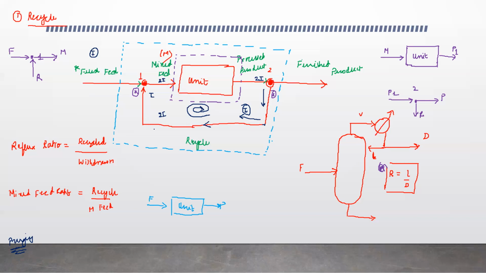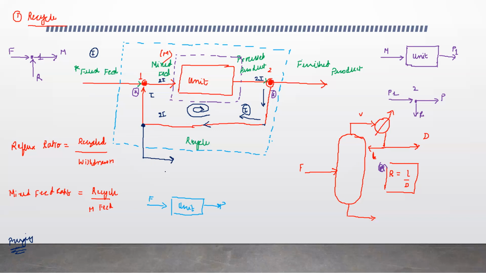From the recycle stream itself, let's say we take a particular point, let's say we are taking this point. From this point, we take a stream and send it out of the system.